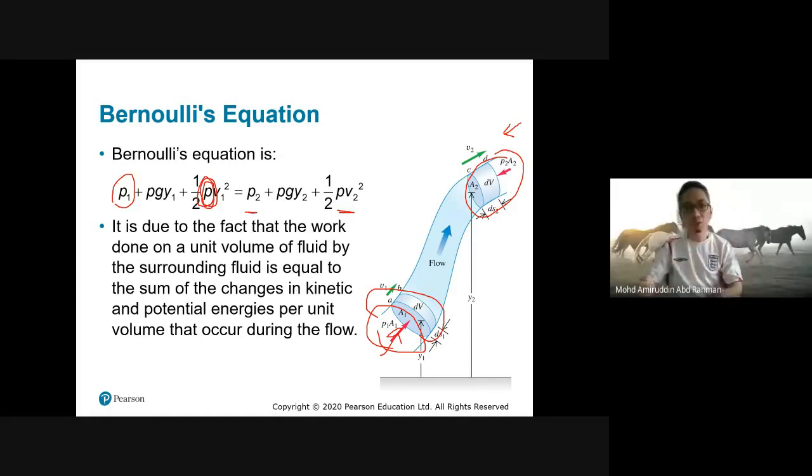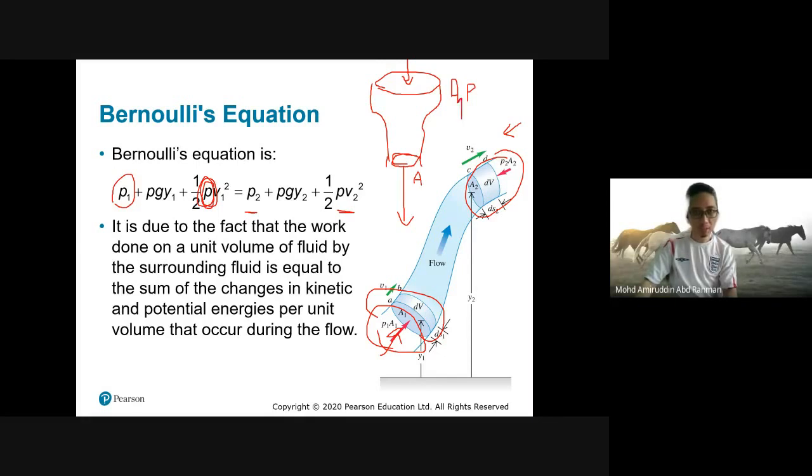Because of the area over there, I'm giving you an example. Let's say you have a small cord there, and then you have another big cord over here. You apply the pressure there, so it will move further away, because the area is smaller over here but big over there.